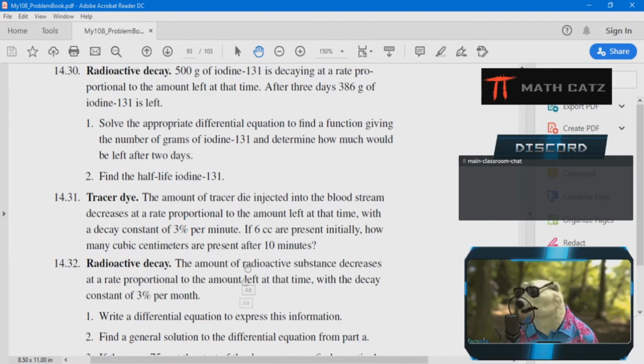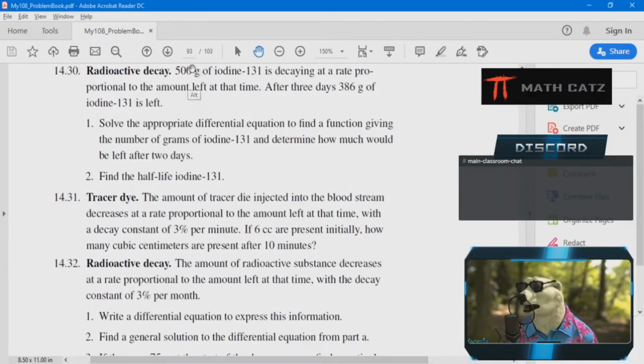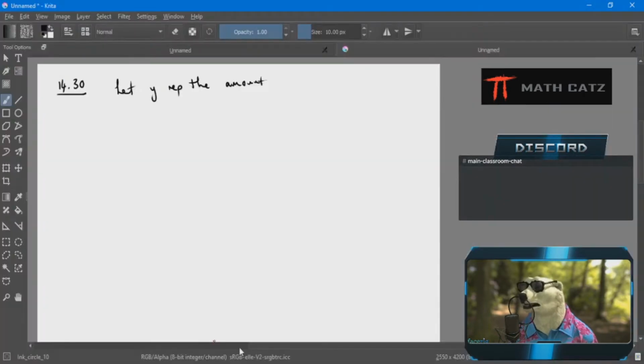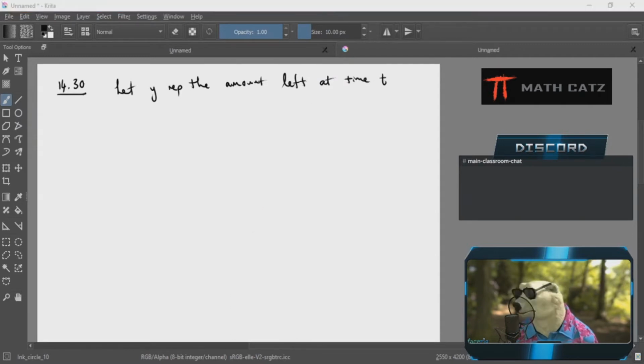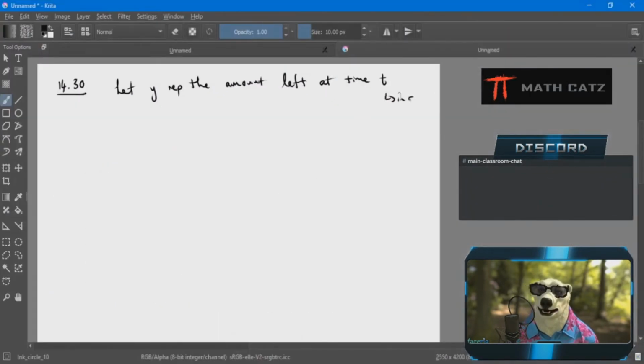Well, one thing at a time. We have to define our variables first. Let y represent the amount, of course, we're talking about iodine 131. We don't have to be too detailed in our sentence. The amount left at time t, and it seems like time is in days this time.